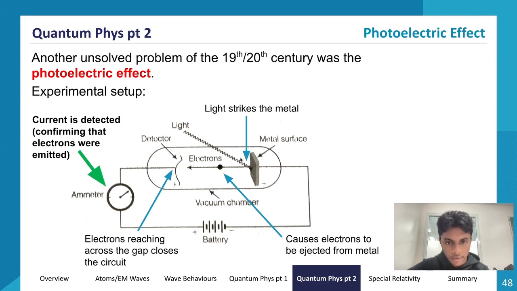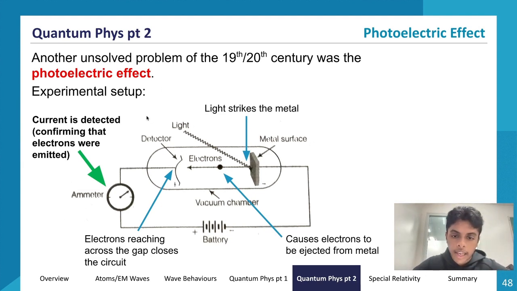We have the metal surface over here, which the electrons eject through. Light strikes this metal, and electrons from the metal are sent outwards towards the detector, or the gap. Electrons leave this metal to the gap, and they go through the ammeter, and we detect the current. So we detect the photocurrent, basically.